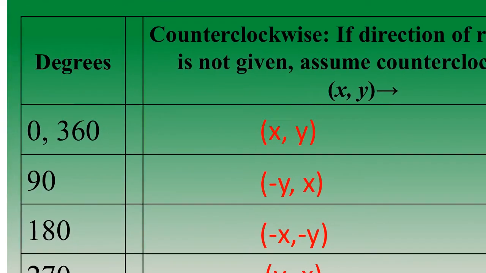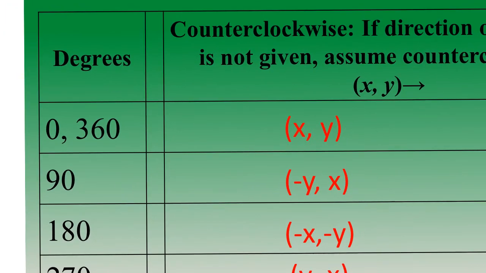these rotations here. Starting with a 0 degree rotation or a 360 degree rotation. Imagine that I have a coordinate grid here and I want to rotate something 0 degrees. That means it does not change. I'm not moving it if I move it 0 degrees, so it's going to stay the same.